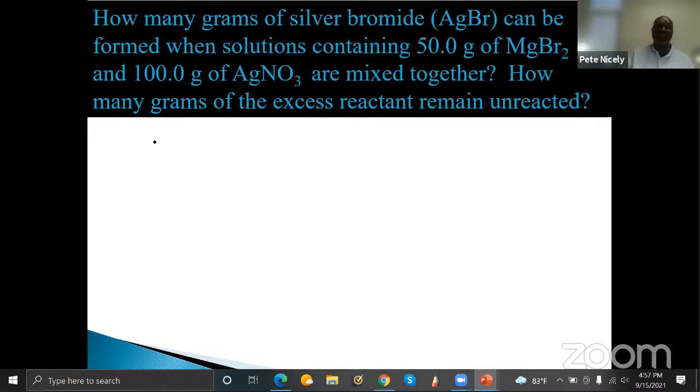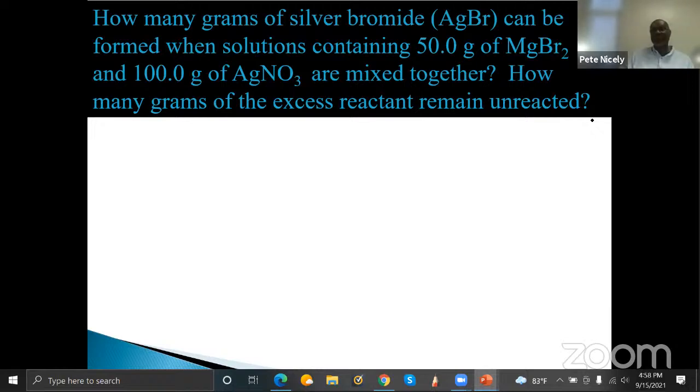First thing we need to figure out are the reactants. So can anybody, based on the information provided, tell me what the reactants are? Okay, so somebody says the magnesium bromide.